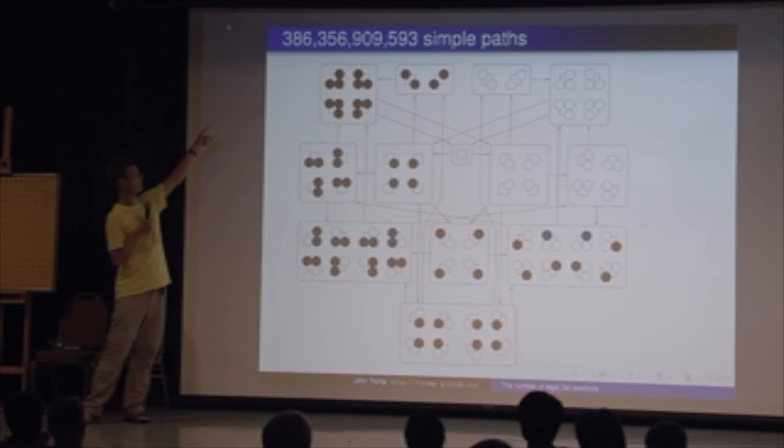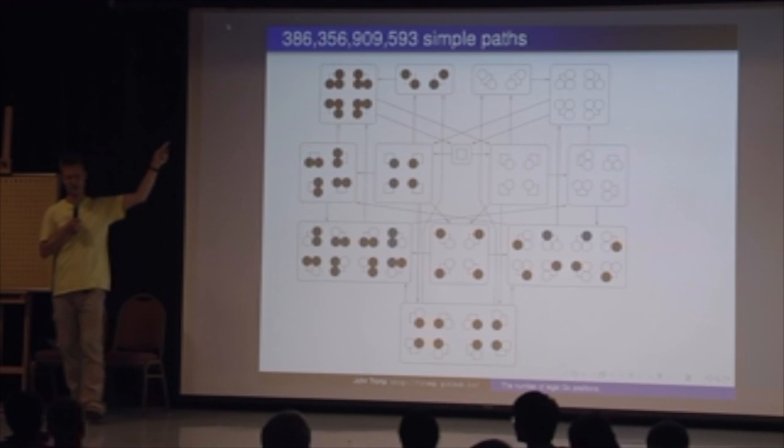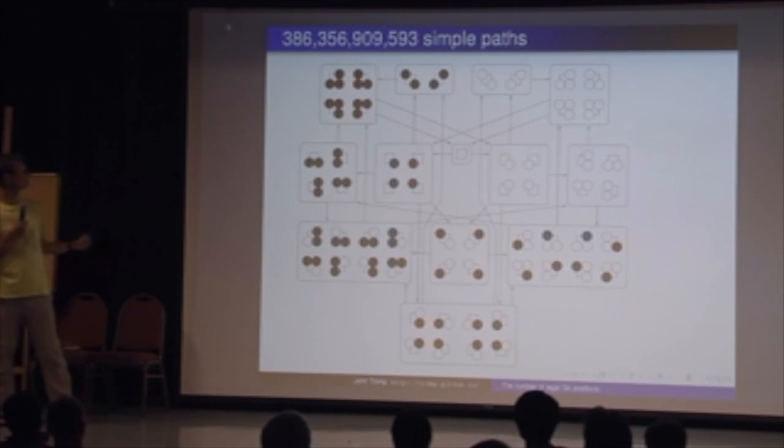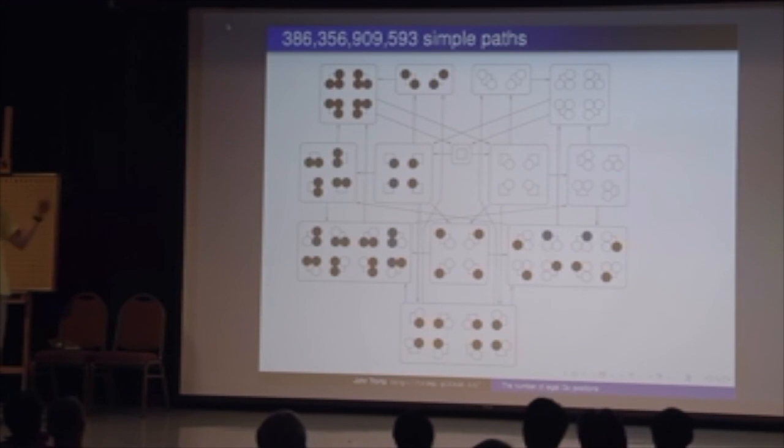And it turns out to be this number. There are 386,909,593 possible 2x2 games. If you ever want to win a bet with anyone, ask them, what do you think is the number of 2x2 Go games? And then tease them a bit, and then win your bet.